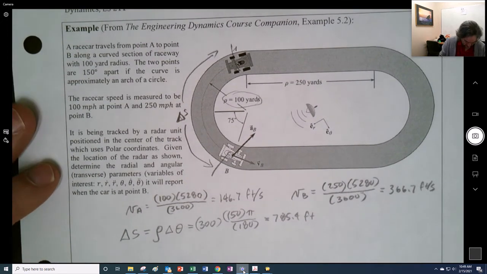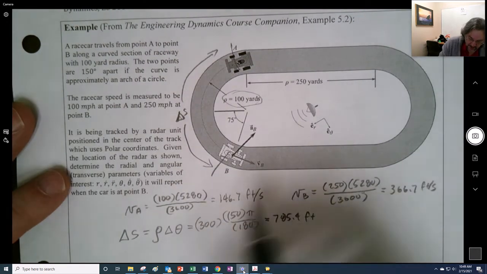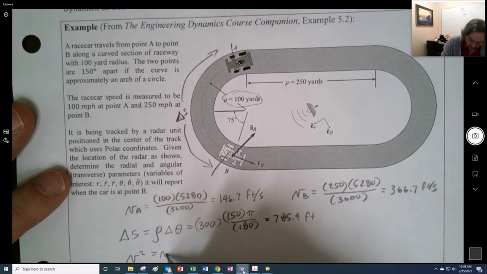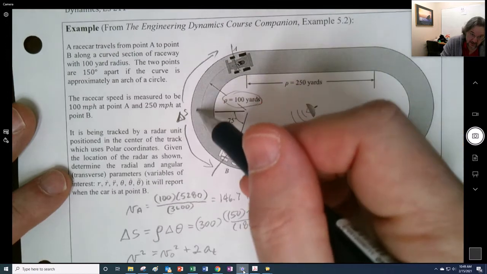In order to figure out what its tangential acceleration is going to be, we would take v squared equals v initial squared plus 2 times the tangential acceleration, the increase in speed.